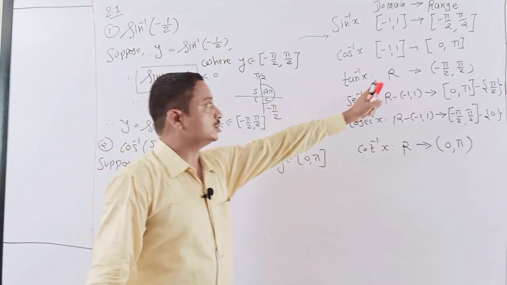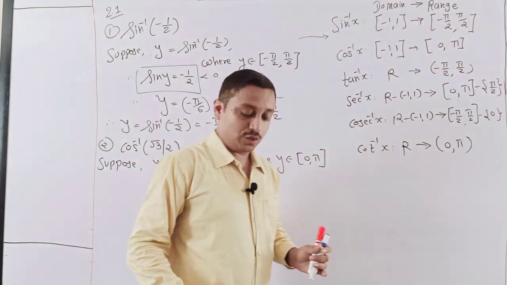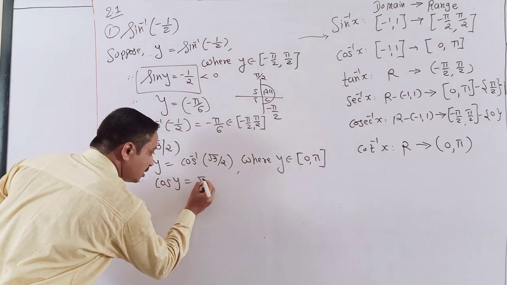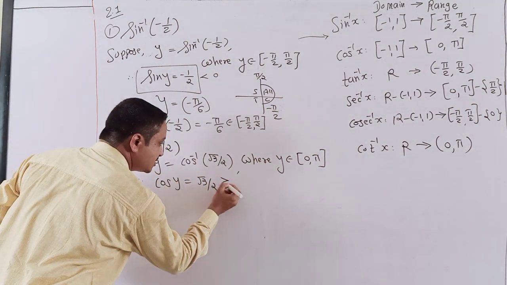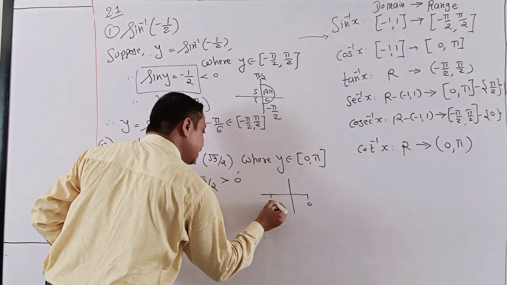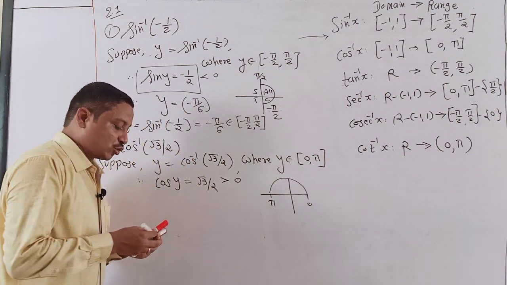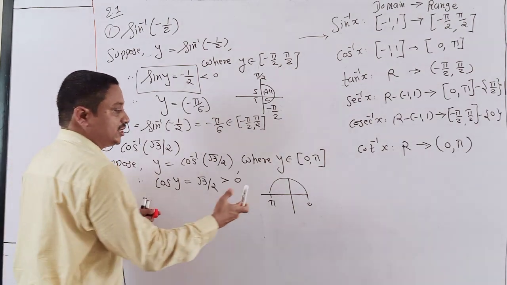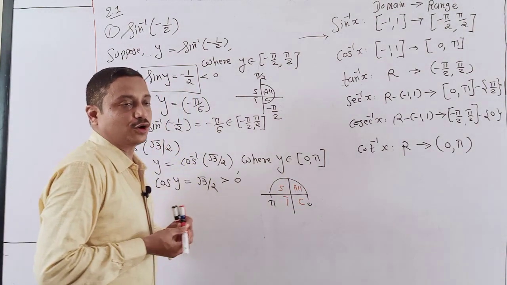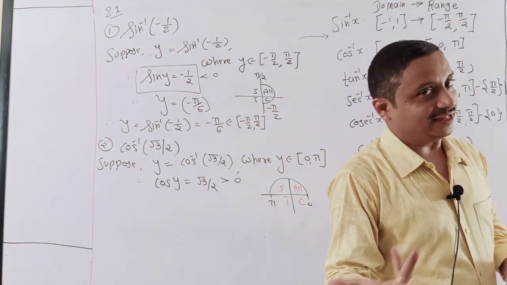It is already known, close bracket 0 to pi. So what is cos y? Root 3 by 2. Now students, wait and check here your 0 to pi range. Which quadrant? It is ASTC wise, our quadrant is first, either second.